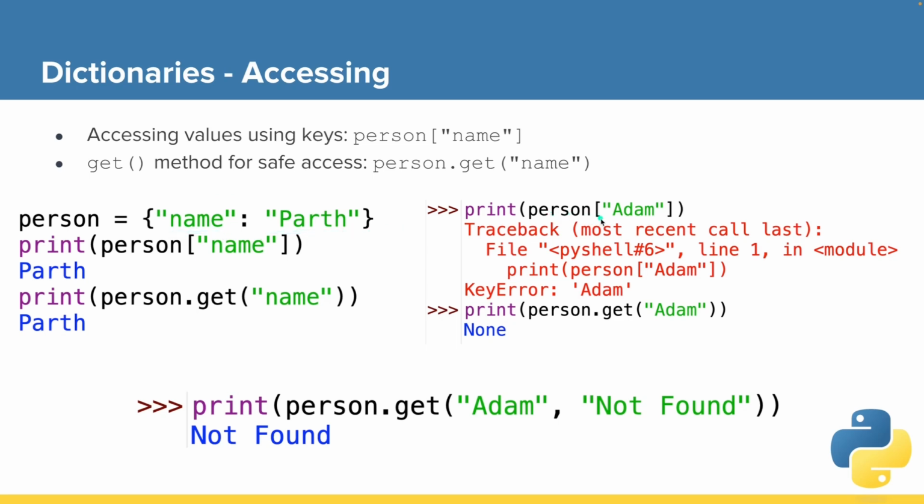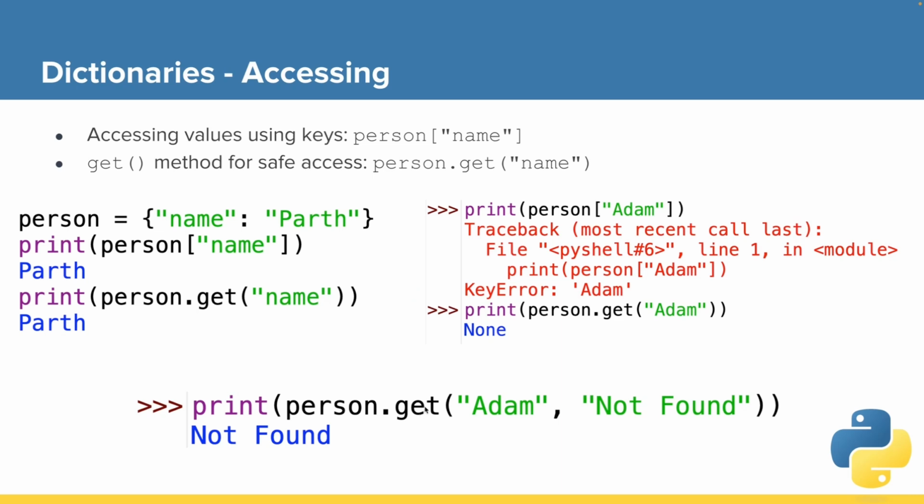So I'm trying to say, is there a key called Adam? Well, there's not, so we'll throw an error. But if we use the .get method, it's the same thing as this, except it would return None instead of throwing an error, which can be useful. So I want you to be aware of that.